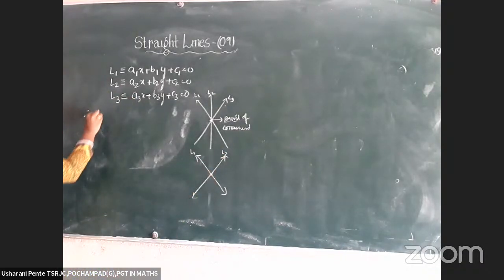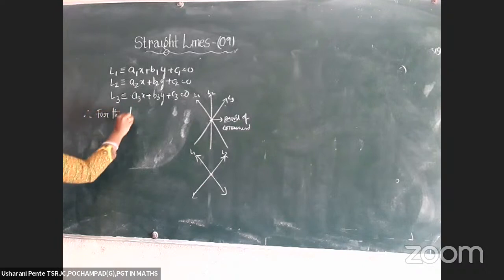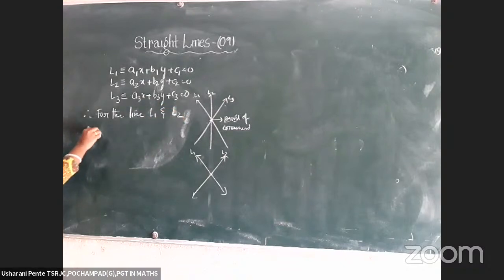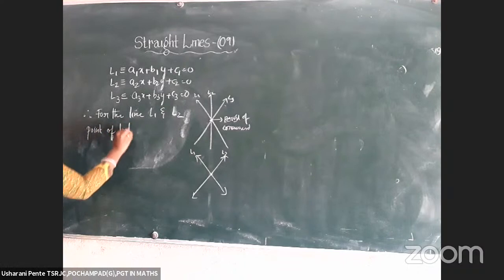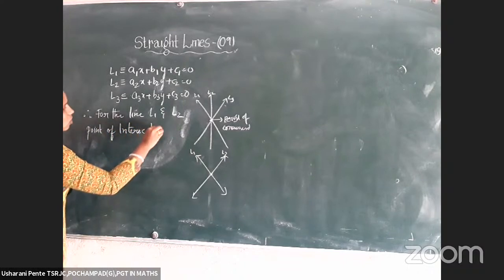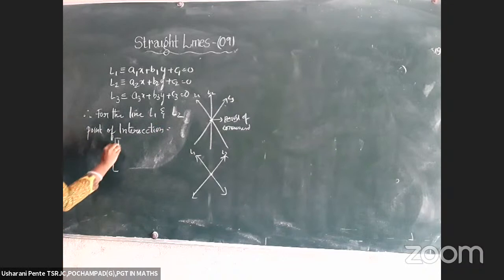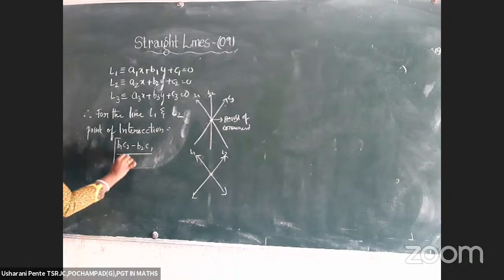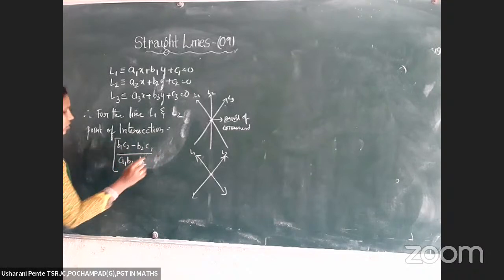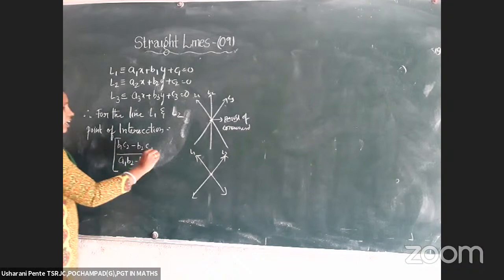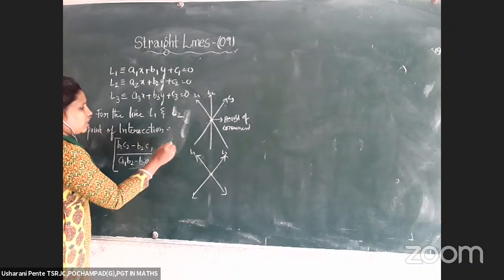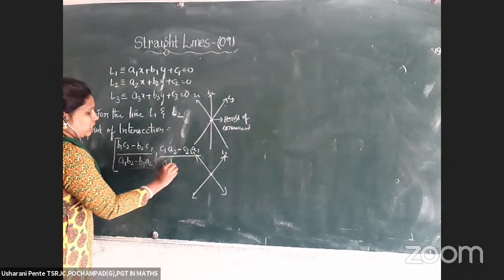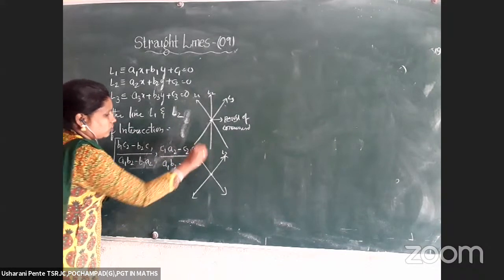Therefore, for the lines L1 and L2, the point of intersection is (B1 C2 minus B2 C1) by (A1 B2 minus B1 A2), and (C1 A2 minus C2 A1) by (A1 B2 minus B1 A2).